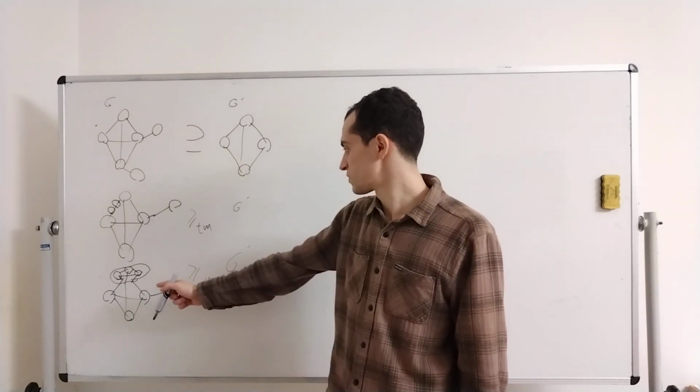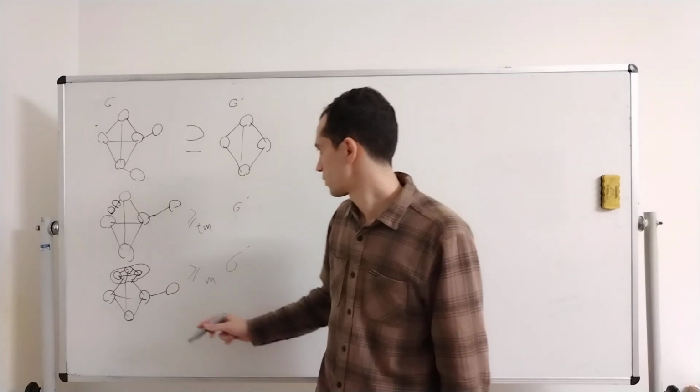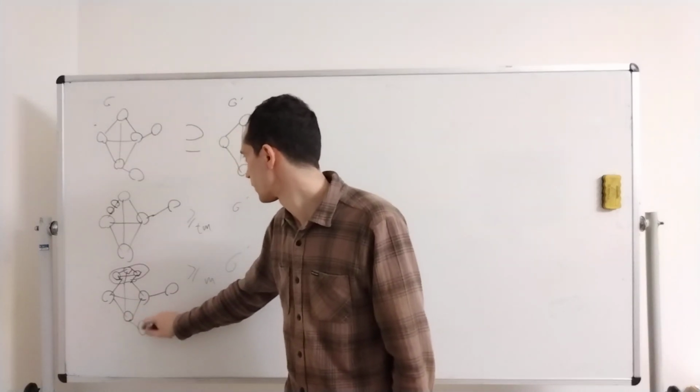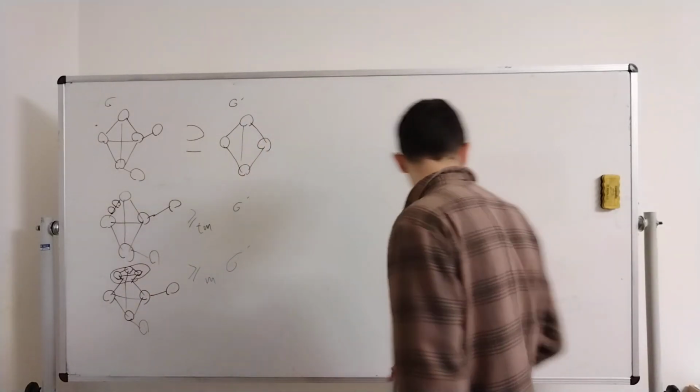In this case, G contains G prime as a minor. And we can, of course, still always remove a couple of vertices and edges.